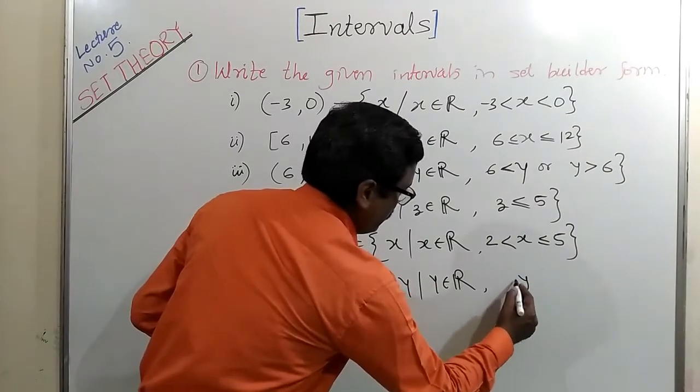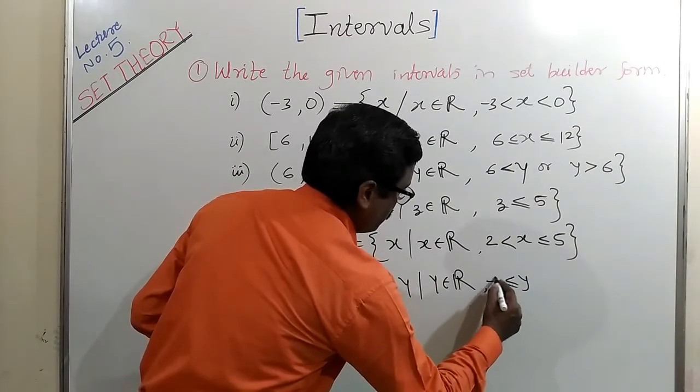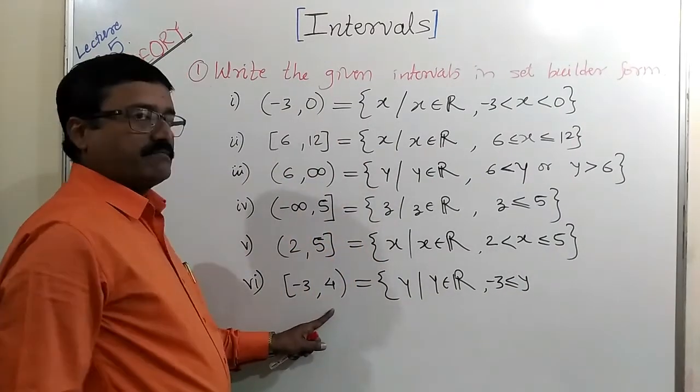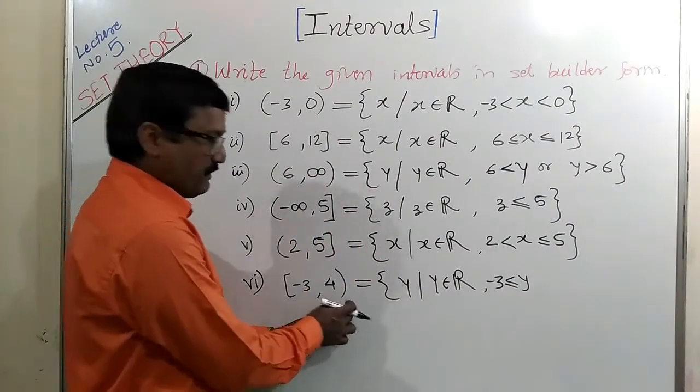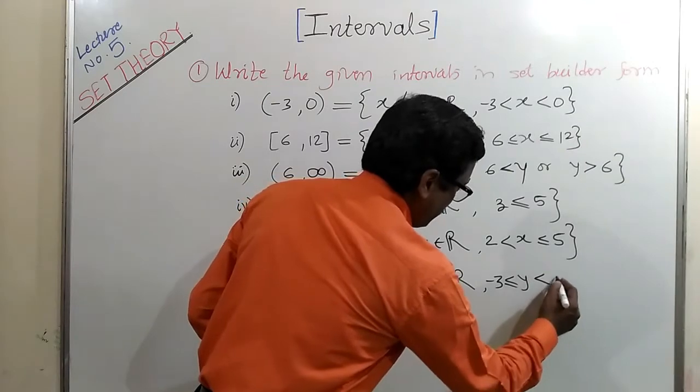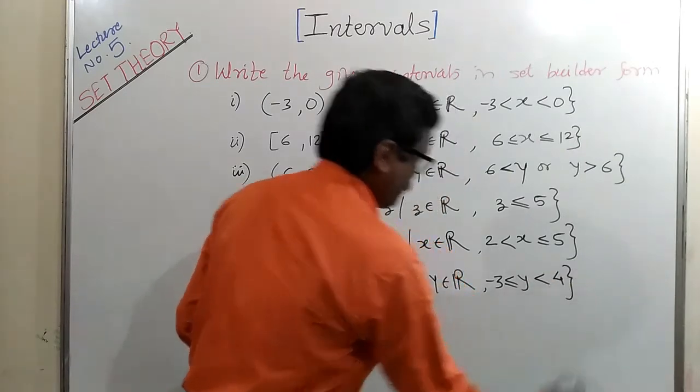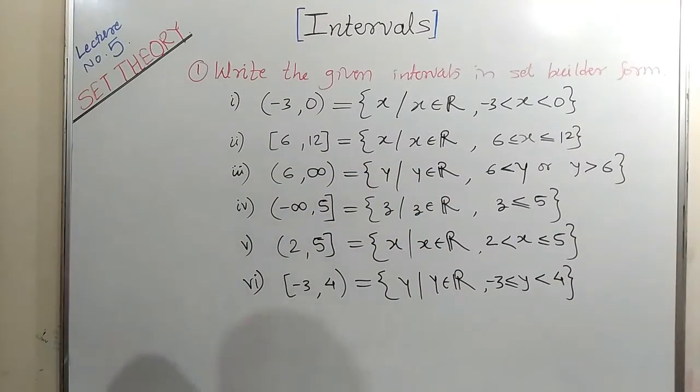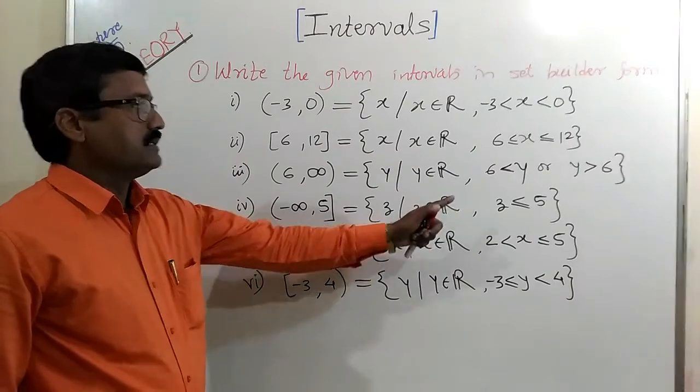So y is greater than or equal to minus 3, but it is less than 4 because this 4 is open. Okay, so these are some simple examples of converting the given interval into set builder form.